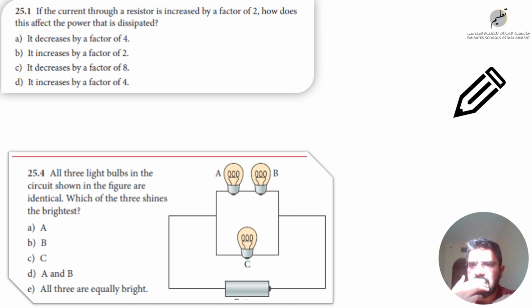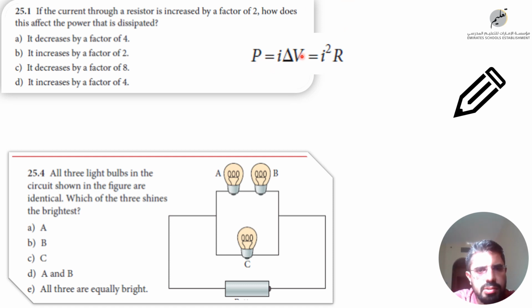Here's another small example. If the current through a resistance increased by a factor of 2, how does this affect the power that's dissipated? You can use this equation.